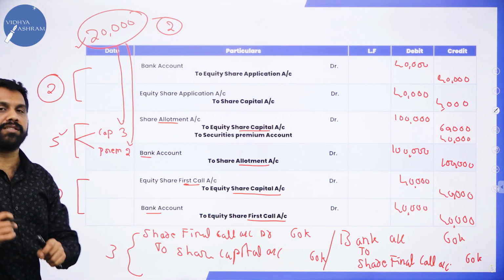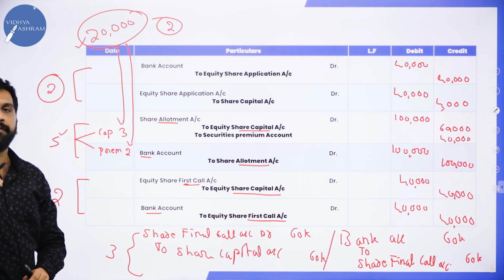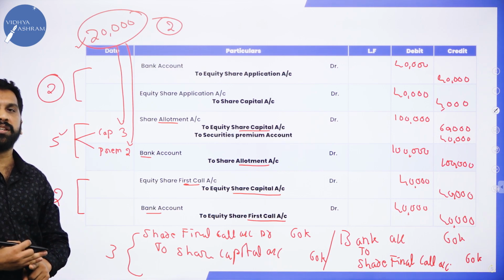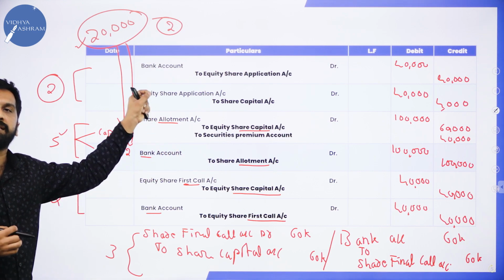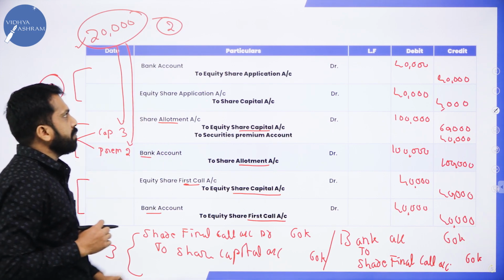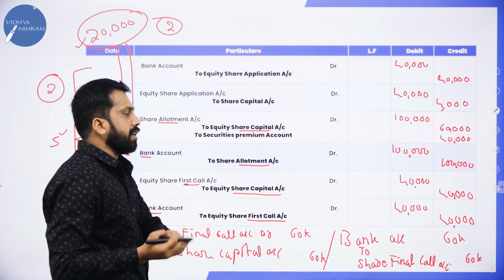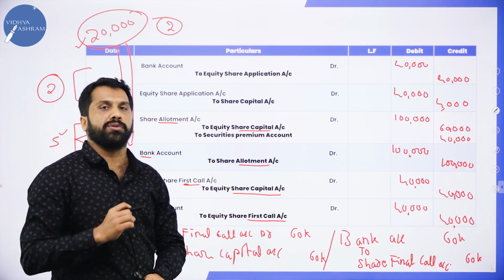These journal entries you have to mug up. Every day in a white plain sheet you have to write journal entries. You have to learn these journal entries. Now, after doing this, or before this, what you should do?